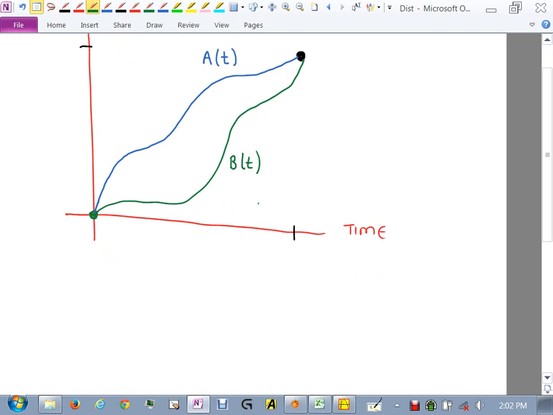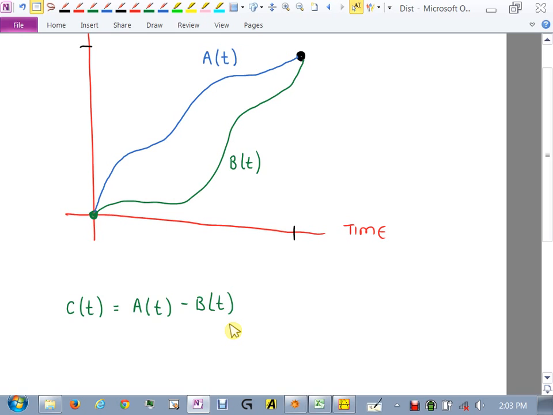Now, I'm going to define a new function, and I'm going to call it C of t. C of t is going to be A of t minus B of t. It's where A is at any point in time minus where B is at any point in time. Got it?